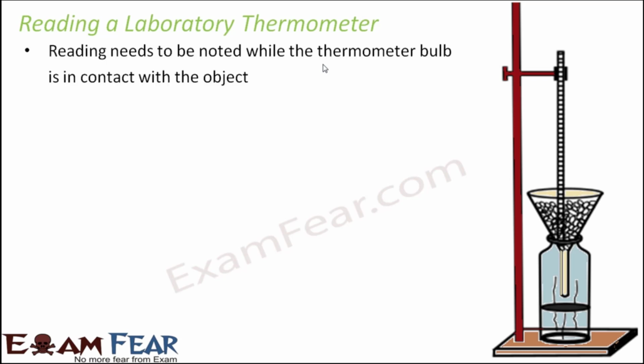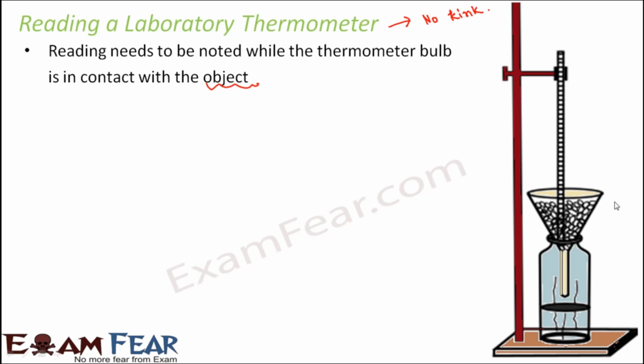Here the reading needs to be noted while the thermometer bulb is in contact with the object. One important difference in construction is that the laboratory thermometer does not have a kink. Therefore, the mercury level falls back immediately as soon as you take the thermometer out of that object. Object here refers to the object whose temperature we want to measure.